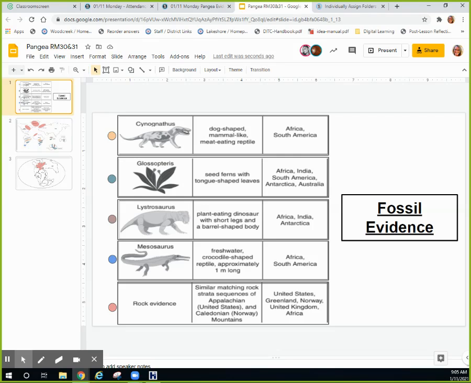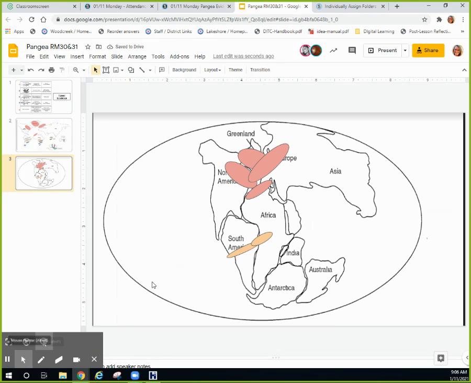And so we're going to do another example with the dog mammal-like animal. Okay, and so what you can see with the dog-shaped mammal, this Cynognathus, is that South America fits almost perfectly within that curvature of Africa, and based off of where they found that fossil evidence of that species, it lines up almost perfectly.